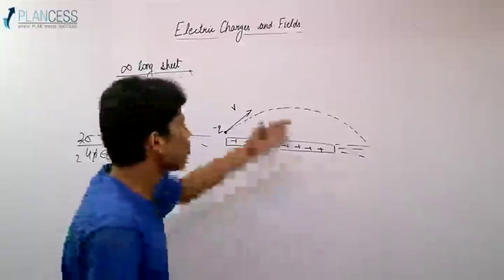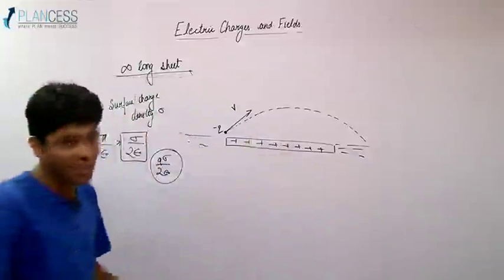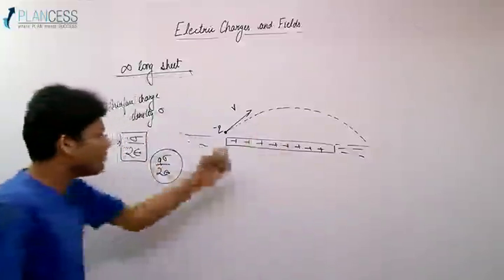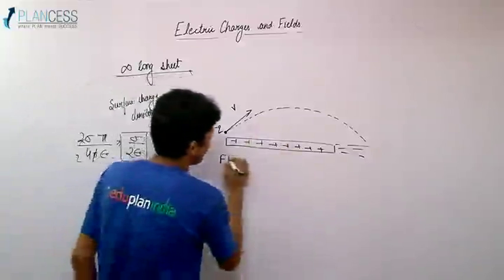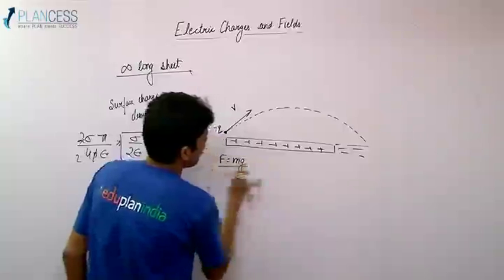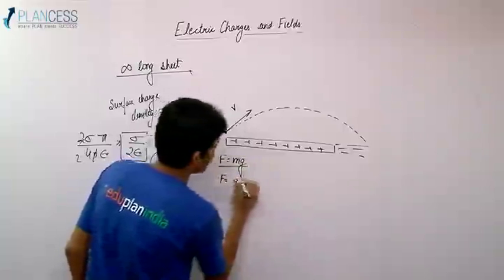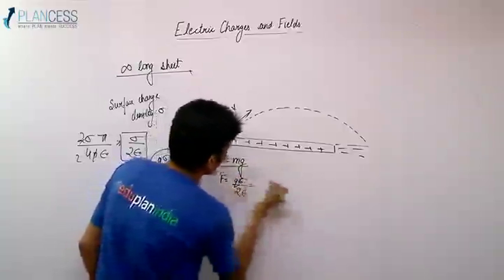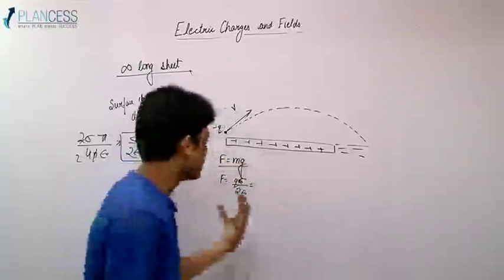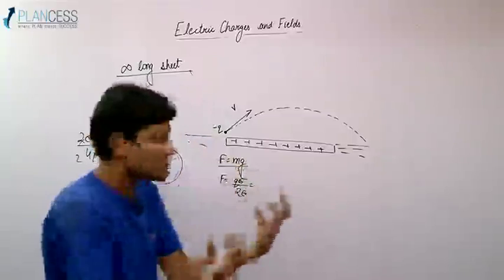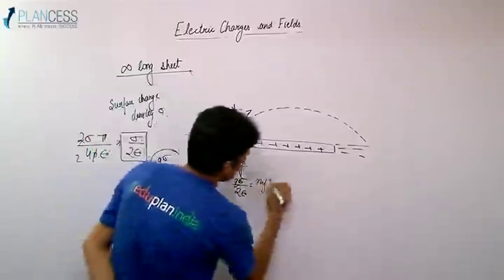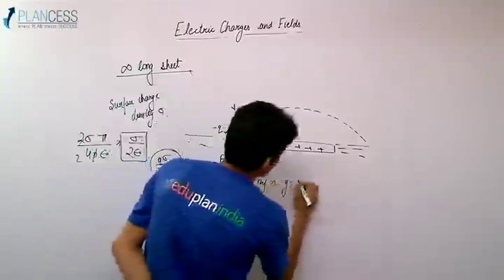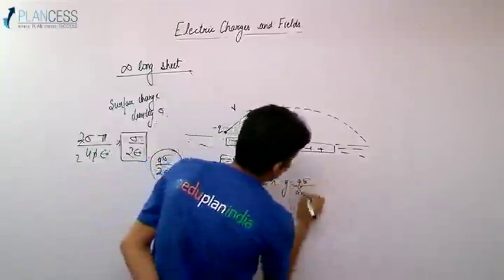Now if you want to write down the formulas for this trajectory, you can easily write them down. We know that if the force was equal to mg, you calculated so many formulas, so you can say F is equal to q sigma by 2 epsilon naught. If it is compared with mg, maintaining the similarity, you can say g equals q sigma by 2m epsilon naught.